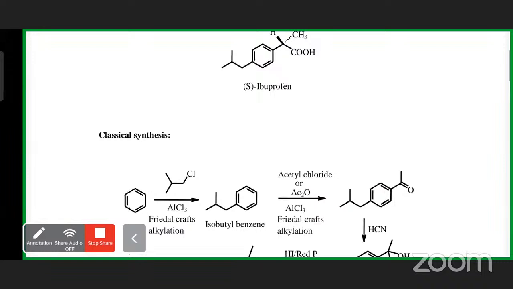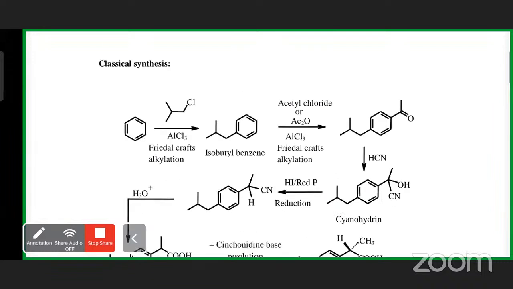But in the chiral method you need to take an expensive metal. This is not expensive, but you will get the compound as a few isomers.